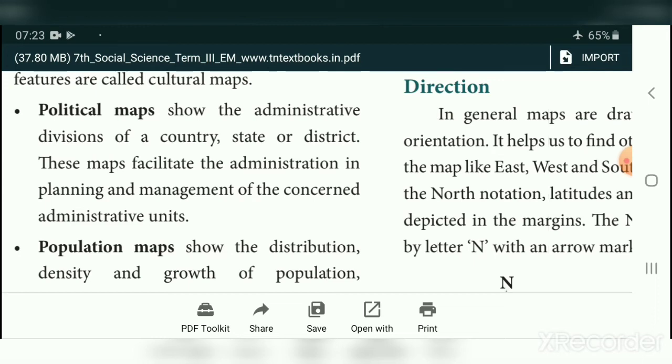India state-wise, or if we buy a Tamil Nadu political map, it is a district-wise divided map. We can see country, state, or district. These maps facilitate the administration, planning, and management of the concerned administrative unit.